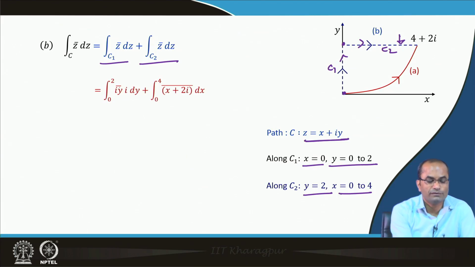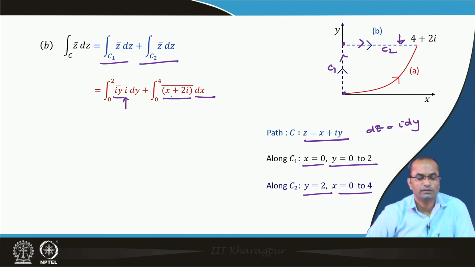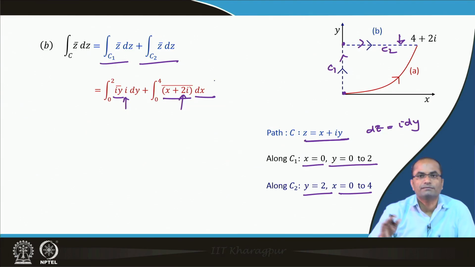In the first one, for z we put i y, because x is 0. So we have i y and its conjugate, and then dz will be i dy. In the second case, this will be just dx, and we substitute for z because y is fixed at 2, so we have x plus 2i, and we vary along dx.